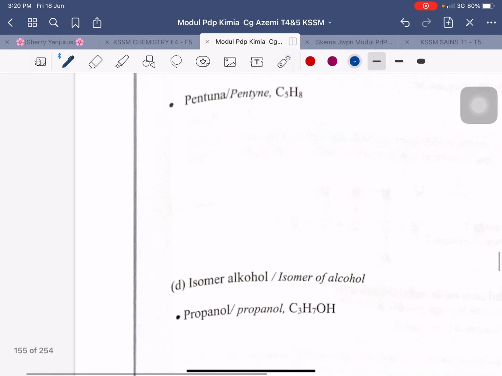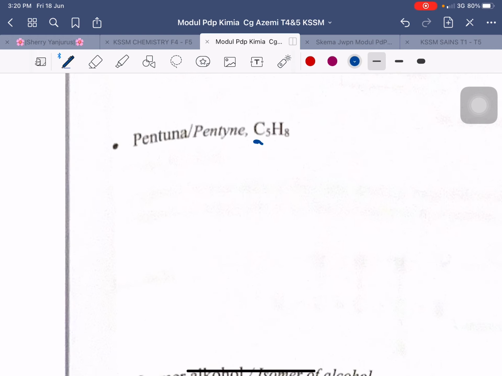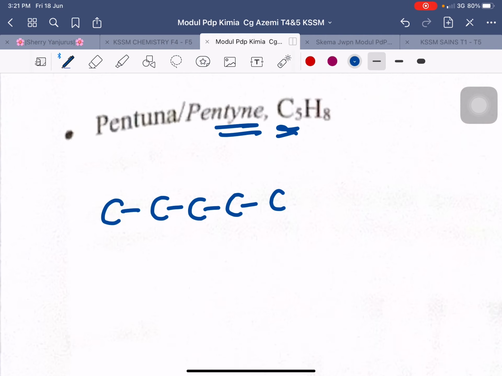Next, let's go to pentyne. Pentyne ada 5 C. Sama juga case dia. Okay, dia ada 5. So let us draw. 1, 2, 3, 4. Pentyne is alkyne. So alkyne ada triple bond. Please draw triple bond di depan sekali. Then fill in the hydrogens.